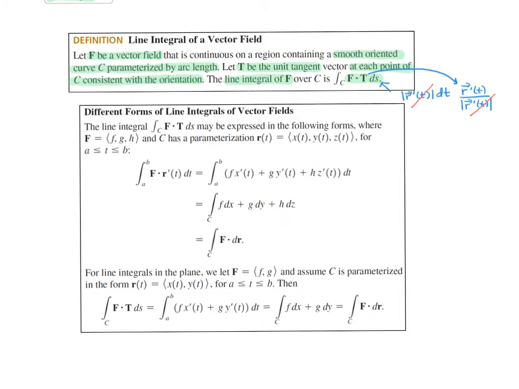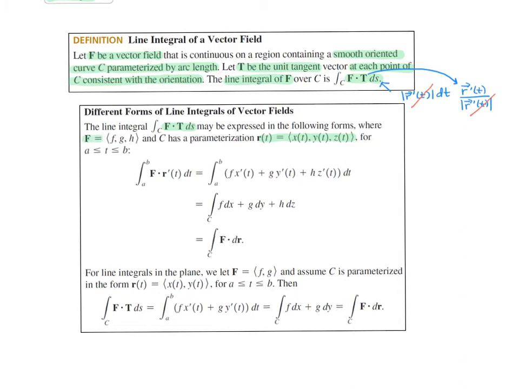If you look at the line integral of the dot product of the vector field with the unit tangent vector with respect to arc length, then any parametric representation of our curve is with respect to the parameter t. Now, this parameter t, remember, can be arc length, but it doesn't have to be. It could be any parameter t.